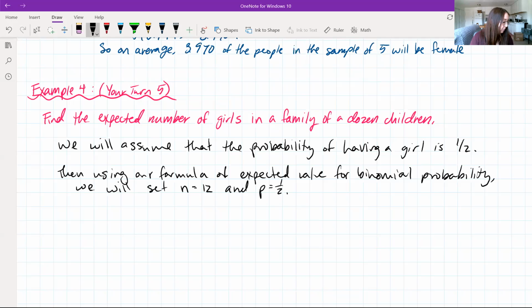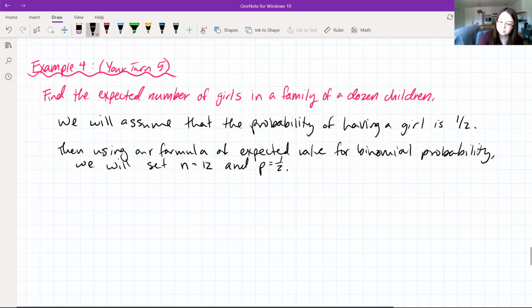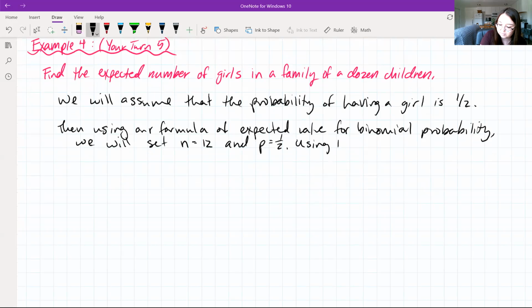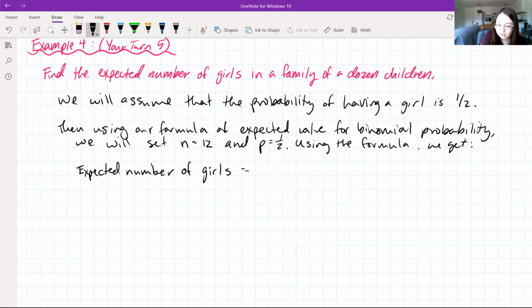So using our formula, we get the expected number of girls is going to be equal to n times p, or 12 times 1/2. 12 times 1/2 is just going to be 12 divided by 2, which is equal to 6.